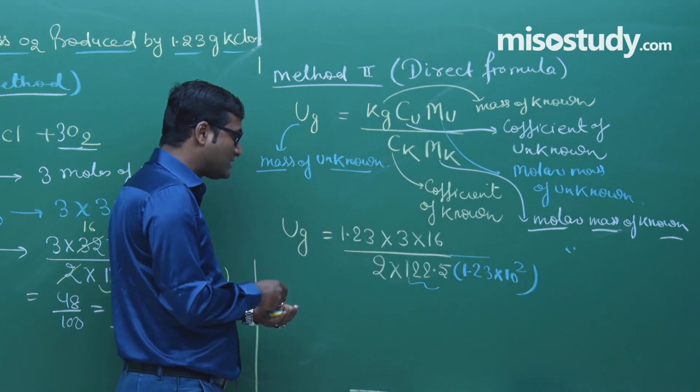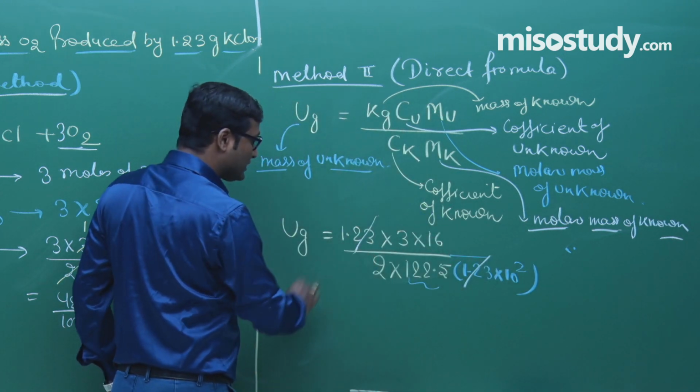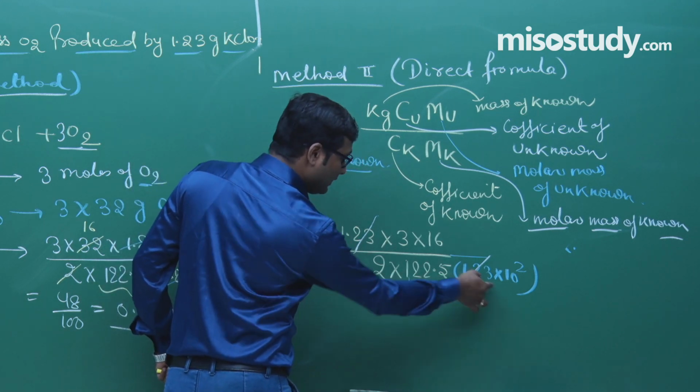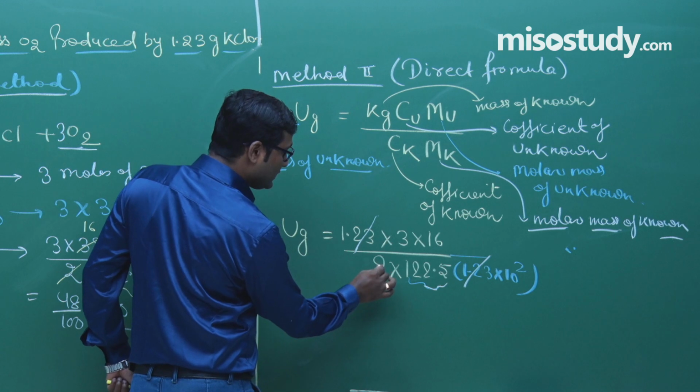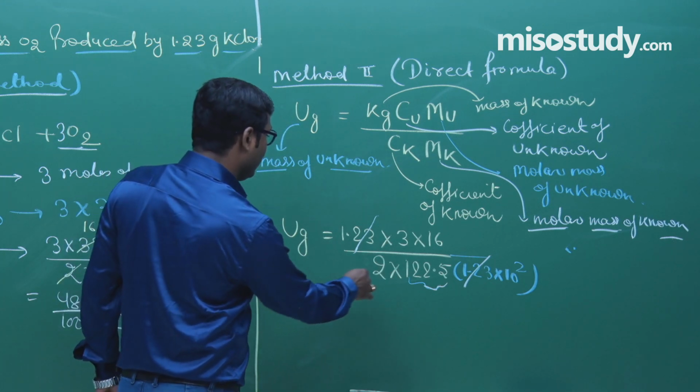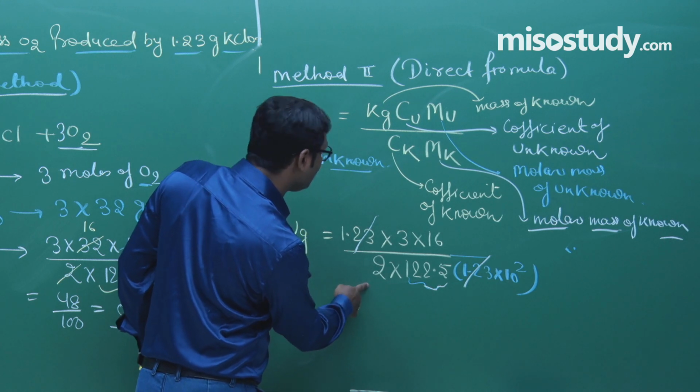Now, what will happen? Check it out. This will cancel this one, and this will cancel. One more thing, do I need to check a few things? The coefficient before KClO3 is 2.